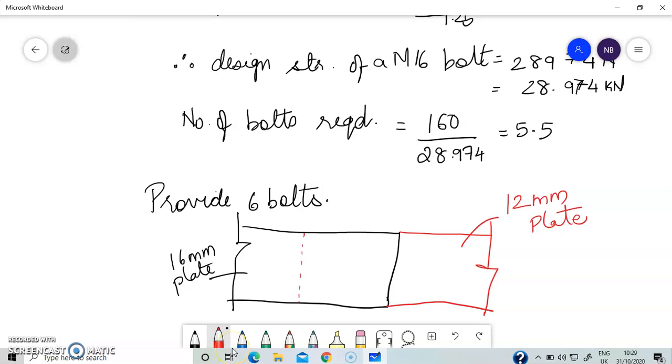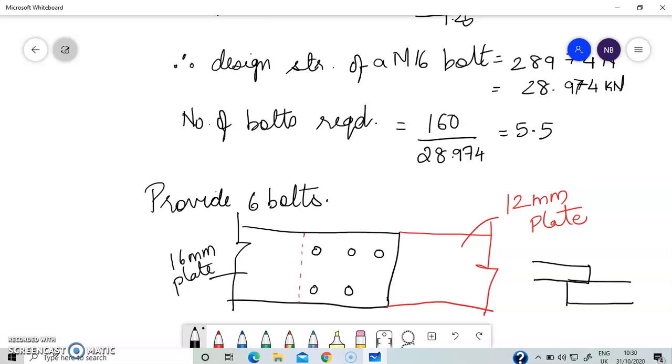That means in section, when we see this, it will be something like this. They are overlapping on each other. So now we have worked out that there are 6 bolts required. So let us provide the bolts in this fashion.